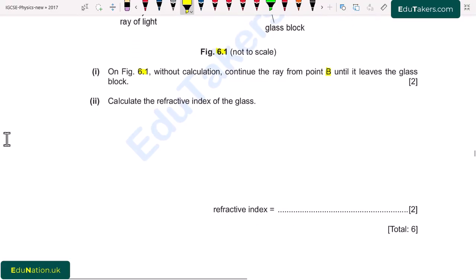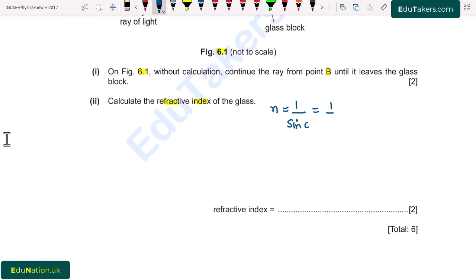Part 2. Calculate the refractive index of the glass. Here we have to find out the value of refractive index. When the critical angle of the glass is given, we know that refractive index will be equal to 1 over sine function of critical angle.